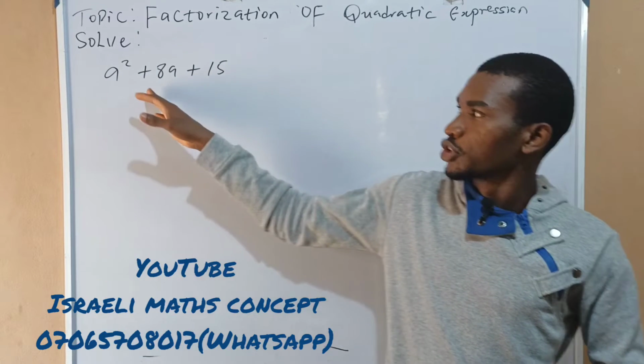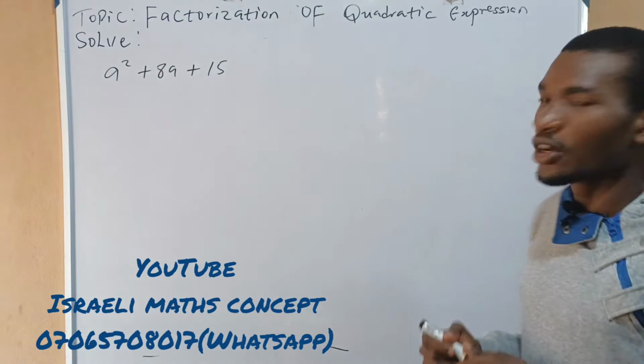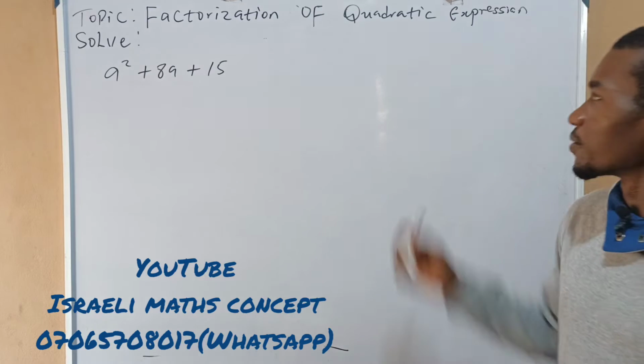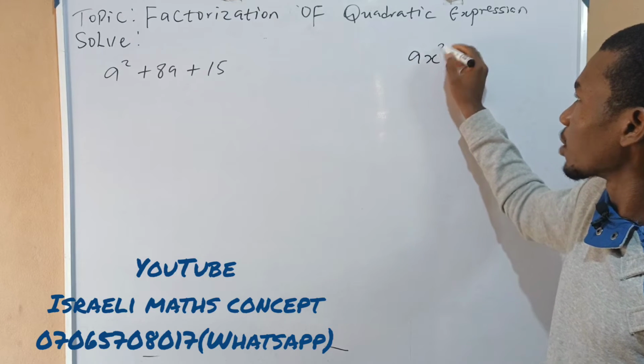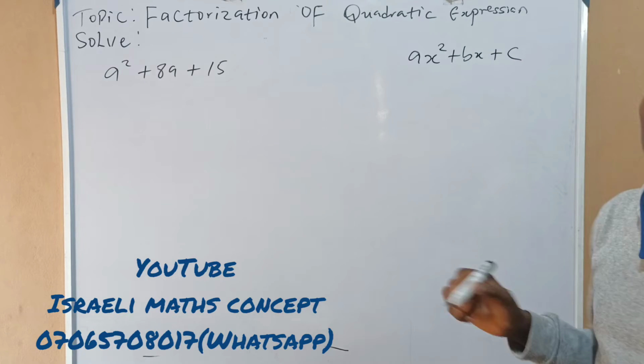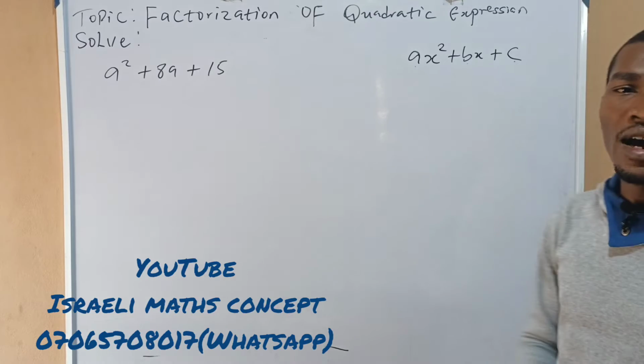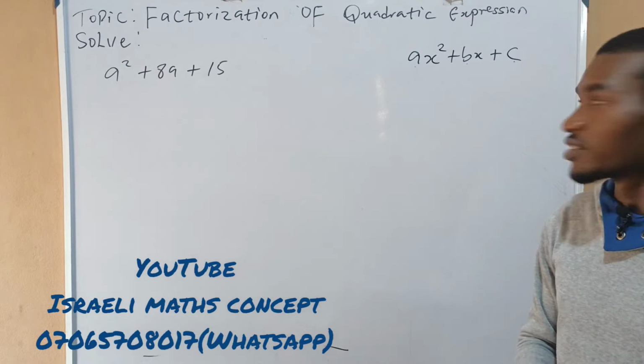Before I go to the solution to this given question, I want to remind you that a quadratic expression is an expression of the form ax raised to the power of 2 plus bx plus c, where the a, the b, and the c are called the constants or numerals.